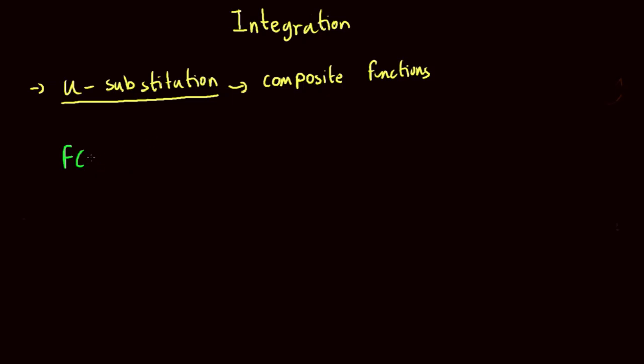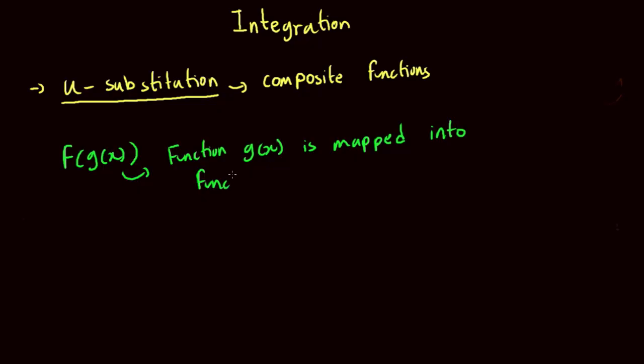A composite function by nature is f(g(x)), okay. So the function g(x) is mapped into function f. Okay, so that's what we call a composite function.